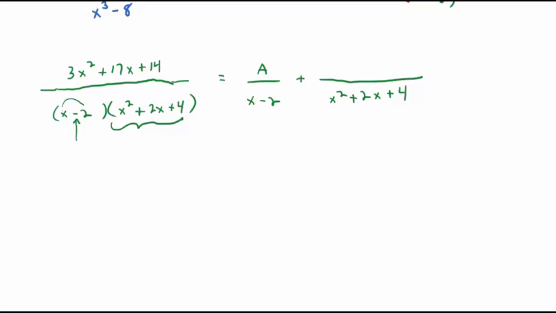So how do you write a generic linear expression? It would be bx plus c. Mx plus b would work too, but it would be weird. Whenever you have an irreducible quadratic on the bottom, you get a linear factor like bx plus c on top. That's the rule.